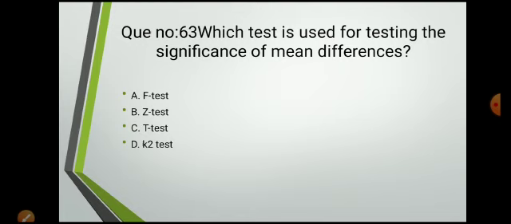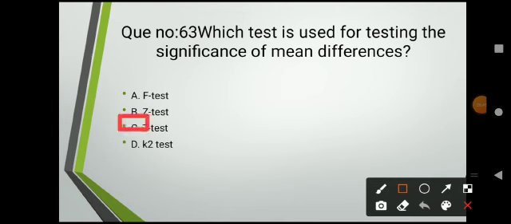Options are F test, Z test, T test, and chi-square test. And the correct option is option C, that is T test. It is used to test the significance of mean difference.